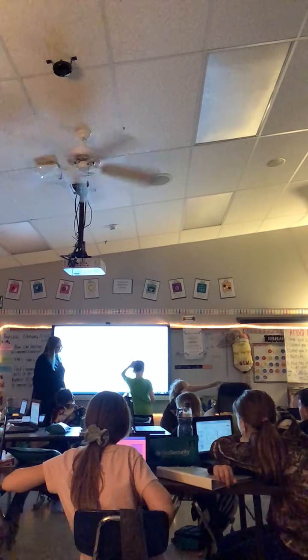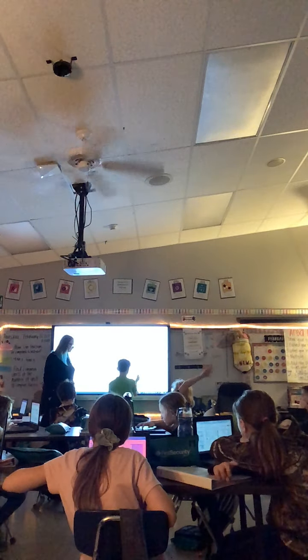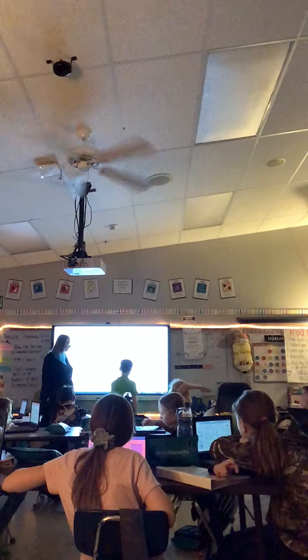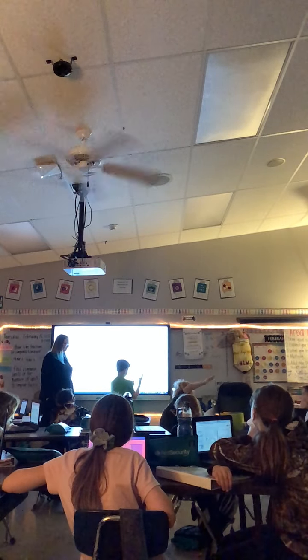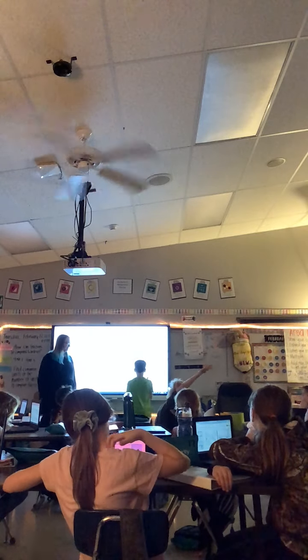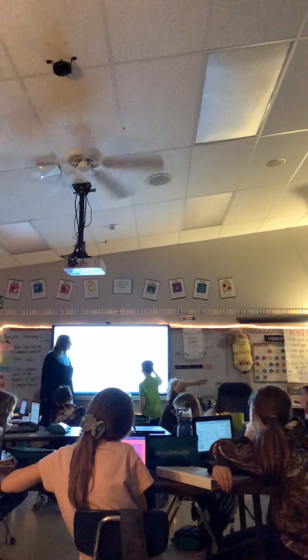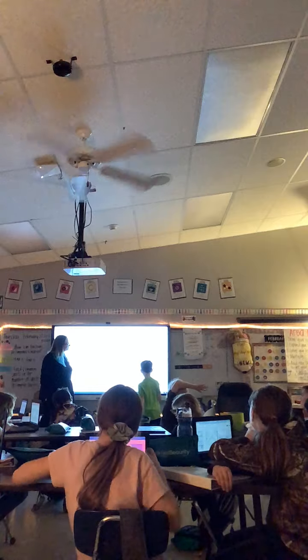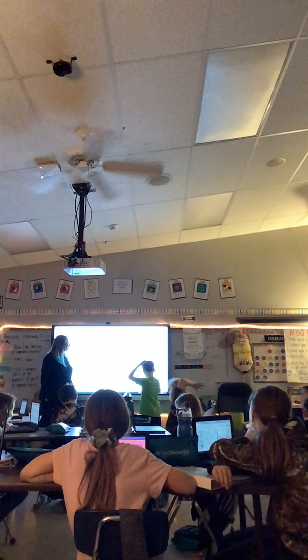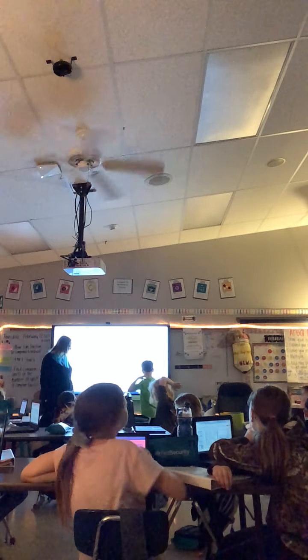And then 585 divided by 9. I tried to put 9 into 5, but you can't put 9 into 5, so I put 9 into 58. And that's 6 times. And 6 times 9 is 54. 58 subtracted by 54 equals 4.